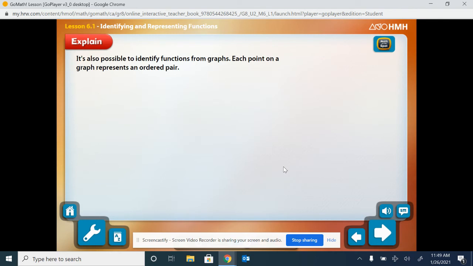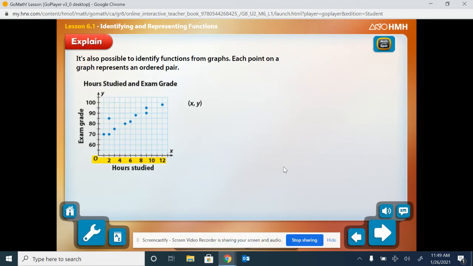It's also possible to identify functions from graphs. Each point on a graph represents an ordered pair. The first coordinate along the x-axis in each ordered pair is the input value. The second coordinate along the y-axis is the output value. The graph represents a function if each input value x is paired with only one output value, y.